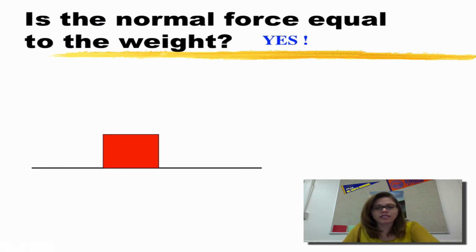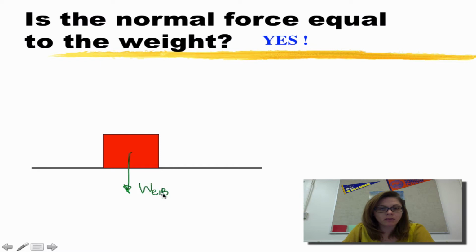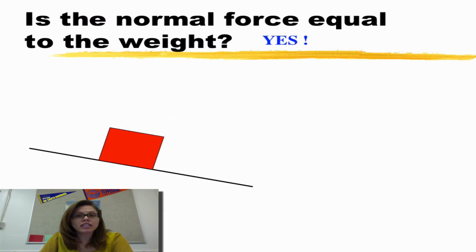The weight in this case is down, weight by the earth on the box, and the normal force is straight up and the box is just sitting there, so they're equal and opposite by Newton's second law, not by the third law, by the ground on the box. Okay, so now we're going to tilt the box.